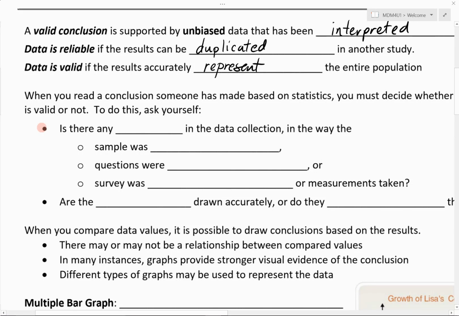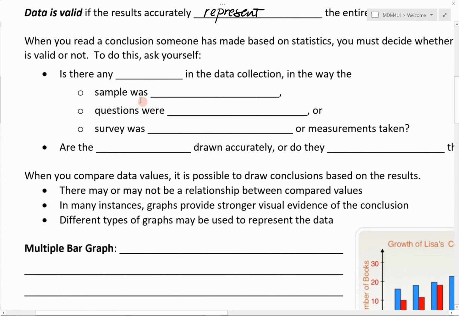When you read a conclusion someone has made based on statistics, you must decide whether it is valid or not. To do this, you have to ask yourself, is there any bias? It's really one of the most important things. There are different kinds of bias you can look at. How is the sample collected, or selected?